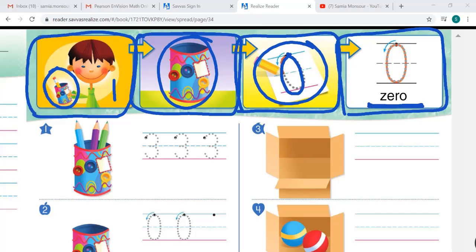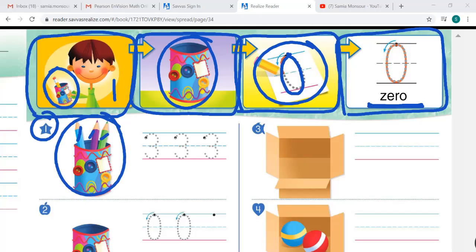All right, let's go to number 1 down here. So we're going to count the pencils in this pencil holder. Remember, you touch what you're counting, or you put a line through it so you know you counted it. 1, 2, 3. 3 pencils.